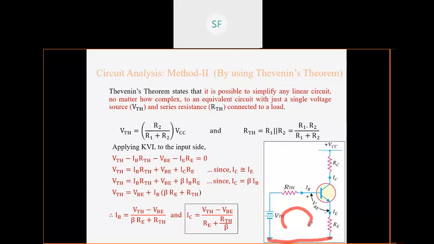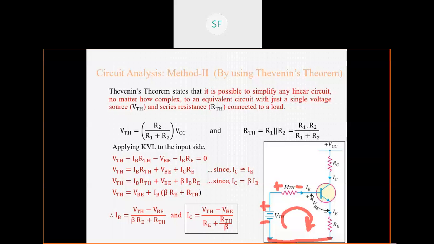So now whenever I am applying KVL in this direction, your first work is to assign the polarity. Alright, so here polarity is already like this, so this becomes positive, this becomes negative. Again base current is flowing like this, so base current, or any current for that matter, will flow from positive to negative.